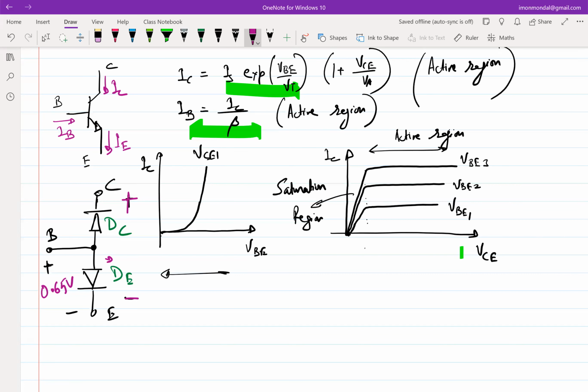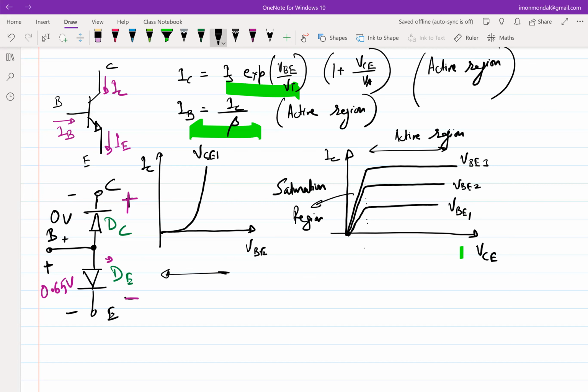Similarly, because the collector-base diode has to be reverse biased, this has to be at least 0 volts. If the collector goes below the base, then DC tends to get forward biased, right?